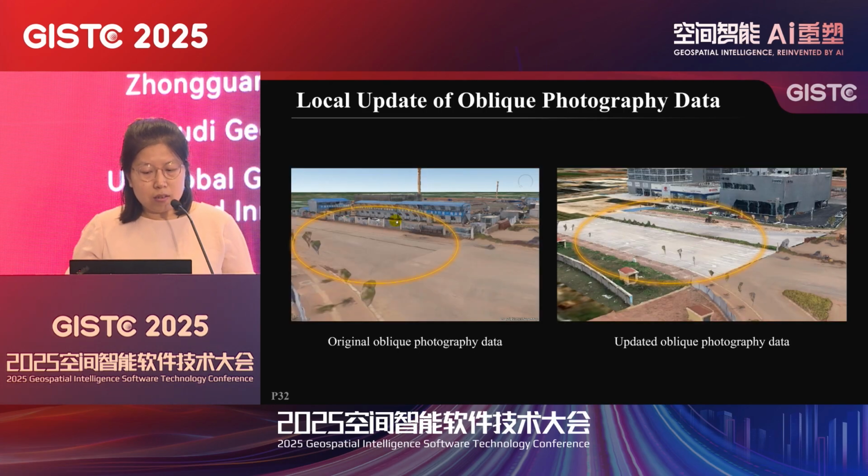This slide shows a comparison before and after a local update of the oblique photograph data. As you can see, only the selected area was updated without reprocessing the entire dataset, saving significant time and effort.